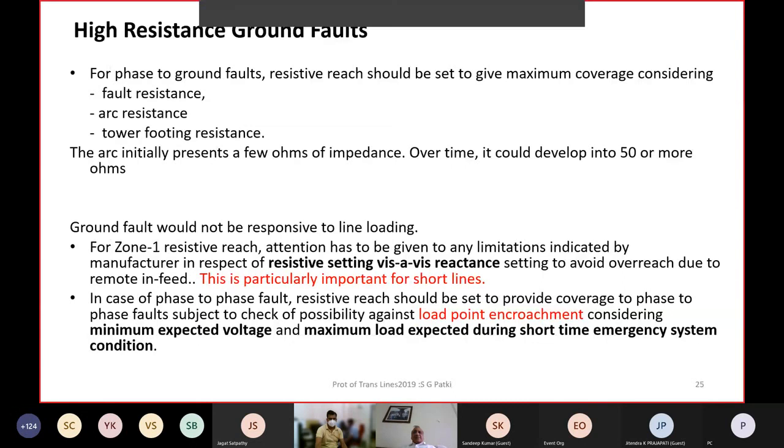And because of this change in the angle, there are measurements which can be in error.